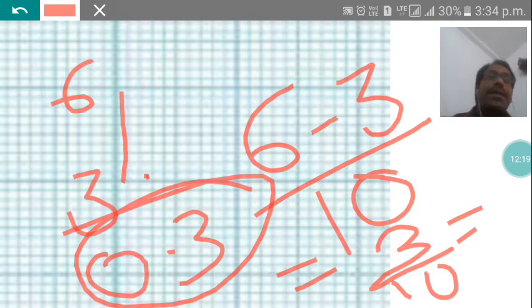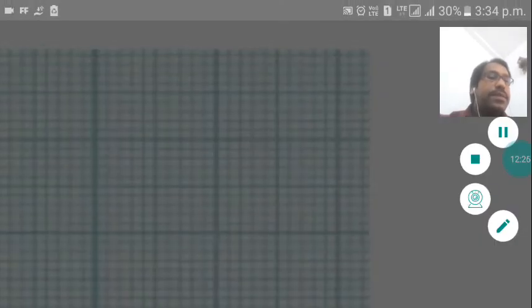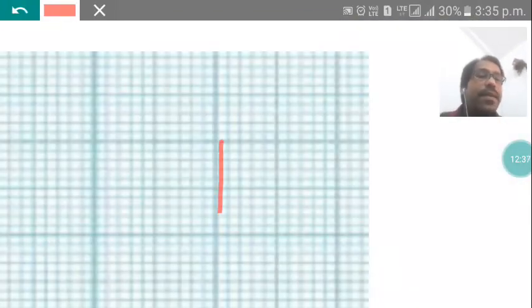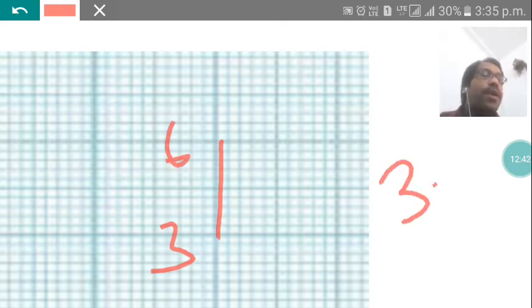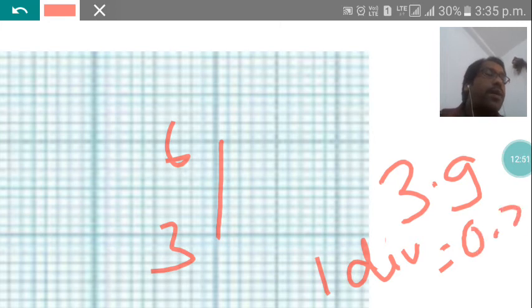Now suppose I have to write 3.9. See how it can be taken in this type of graph. From here to here, everywhere it has 10 equal divisions. Suppose this is 3 and this is 6, and I have to write 3.9, where one division is equal to 0.3.